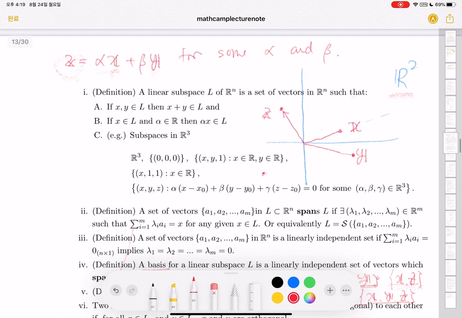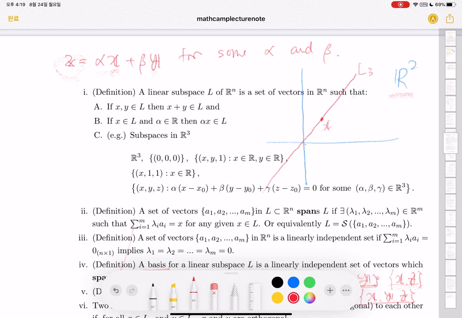What about this linear subspace, L3? Then L3 can be written as a linear combination of one vector.